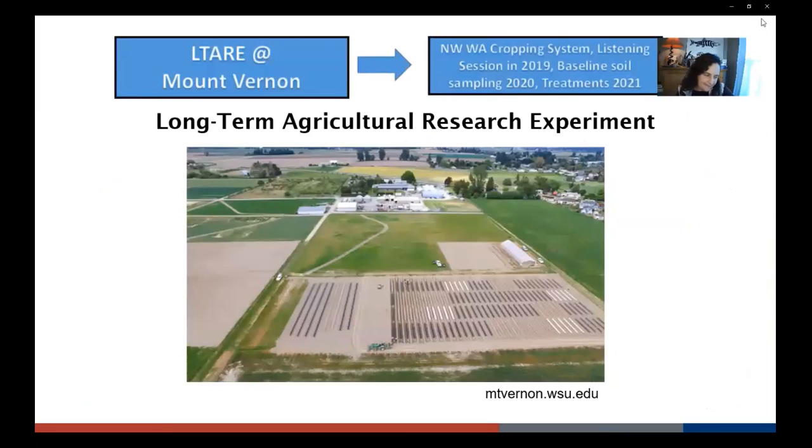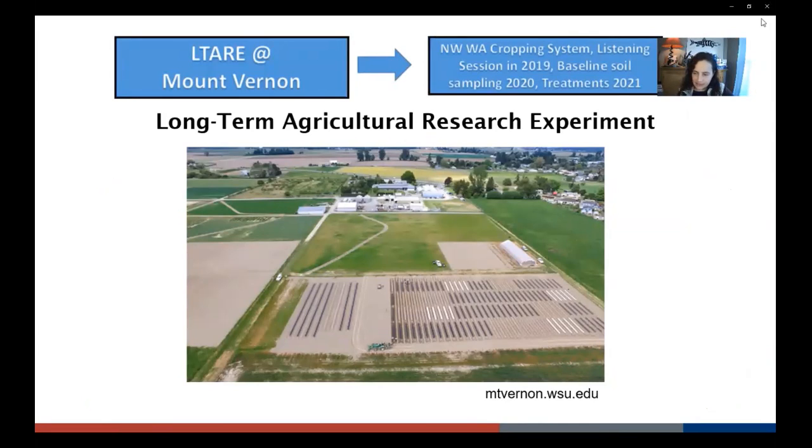So the first project is the long-term agricultural research experiment. The proviso funding required that WSU establish this long-term agricultural research experiment, or LTARE, at WSU Mount Vernon Research and Extension Center. The ground is being planted to wheat this fall.